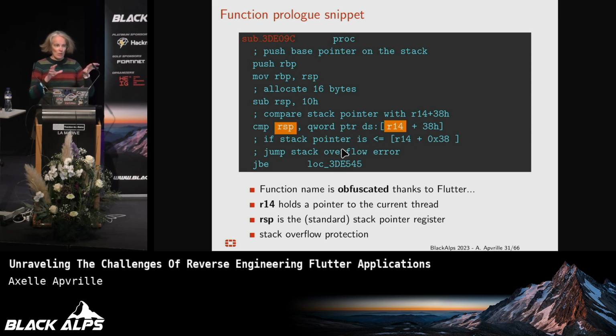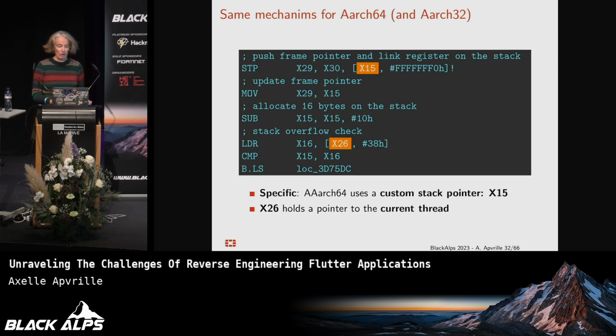Okay. So once you know that it's just doing that, you can just skip. You don't really need to jump in there because it will only happen in abnormal cases. You can continue the flow. If you're on another architecture, it's exactly the same thing, except that the registers are going to be slightly different again.